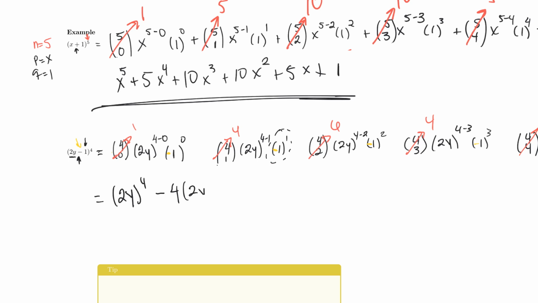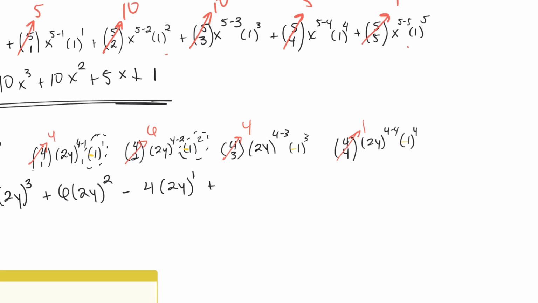Then we have 2y to the power of 3. Then this is the factor defining our sign. Minus 1 squared is just positive 1. Then we have positive. Do you see that we start alternating? Okay, so then we have 6 times 2y squared. And then we have minus 4 times 2y to the 1 power.